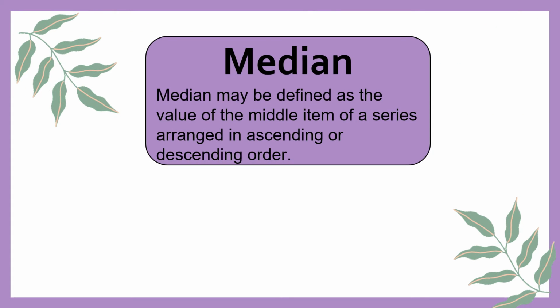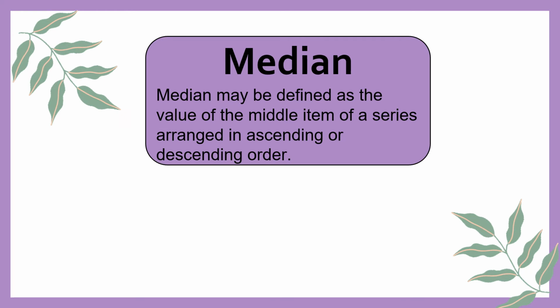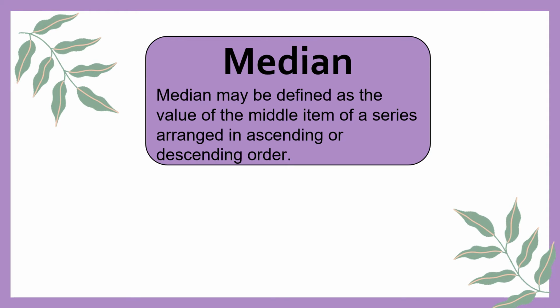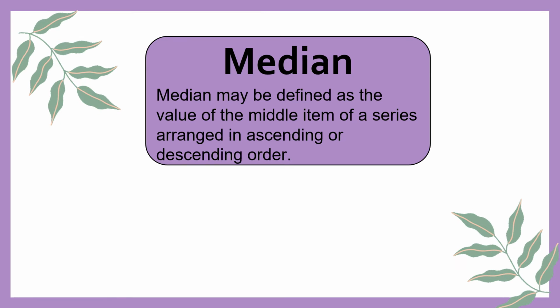Median. Median is an average of position or positional average. This is called so because its value is determined with reference to its position in the value column of a series. Median may be defined as the value of the middle item of a series arranged in ascending or descending order.